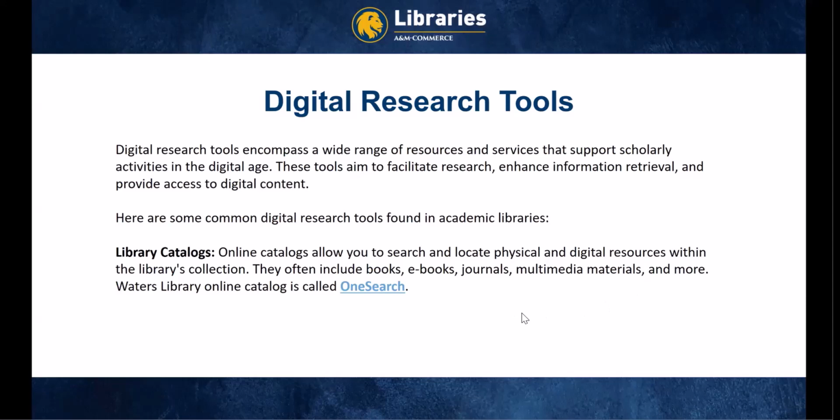If you want to access the Waters Library catalog, which is called OneSearch, I put the link over here, and I will show you how it works after we cover the PowerPoint.